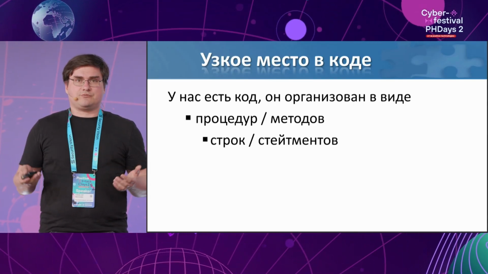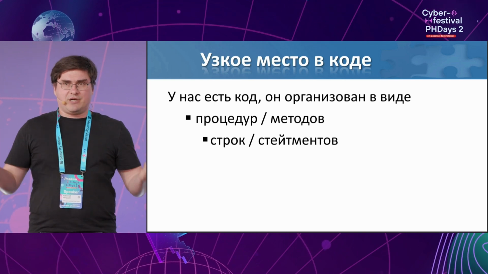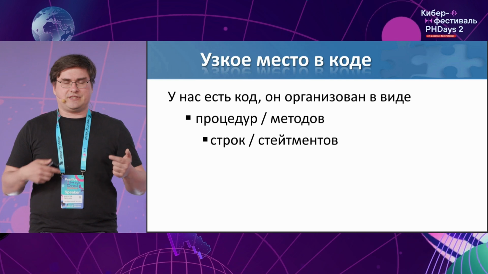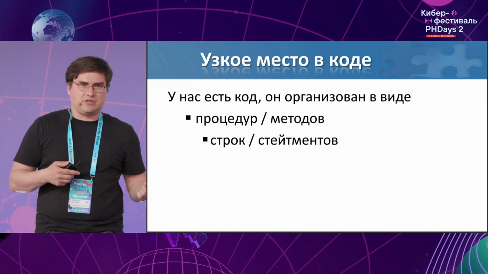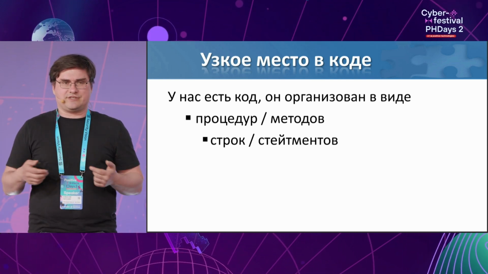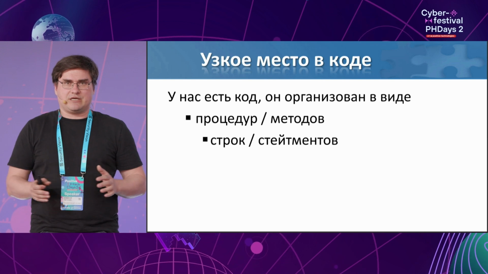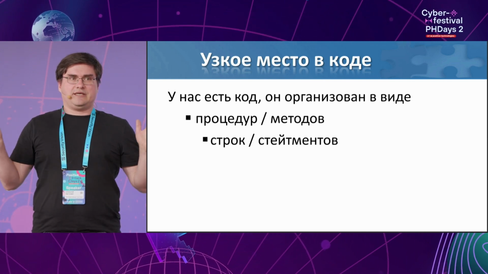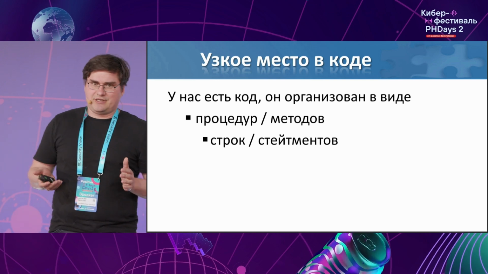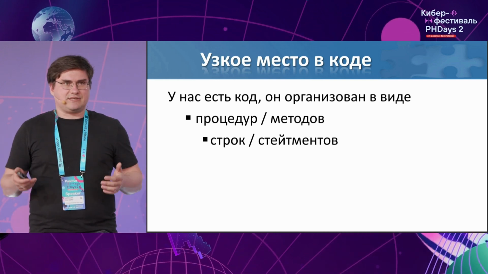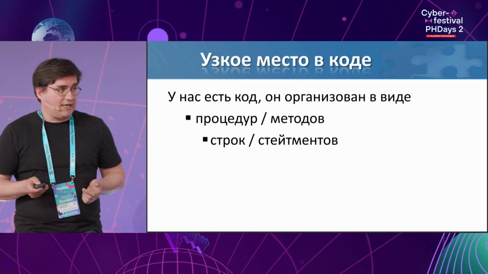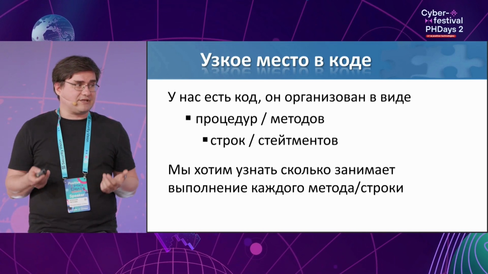So to go back to our task, we've got code and we need to localize the performance problem in this code. The code has classes, methods, procedures, maybe statements. And in all the megabytes of the source code, we need to find the bits, classes and methods that must be explored in order to fix the issue.